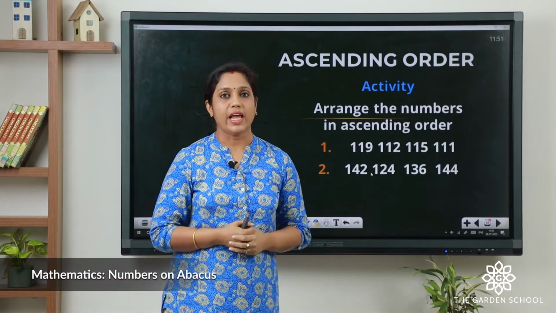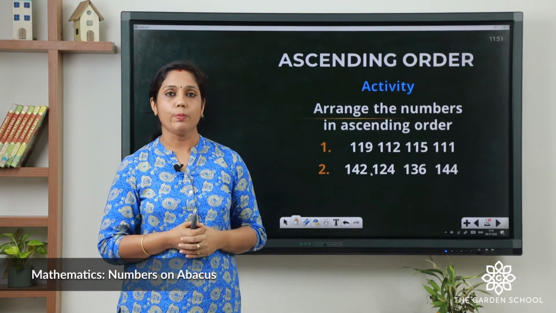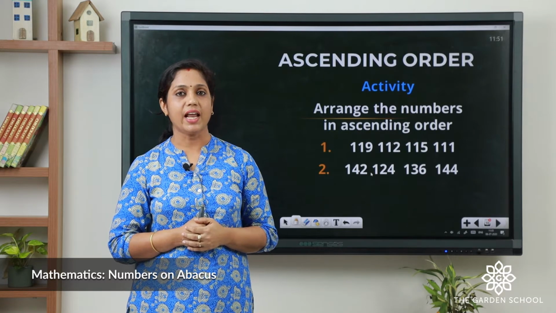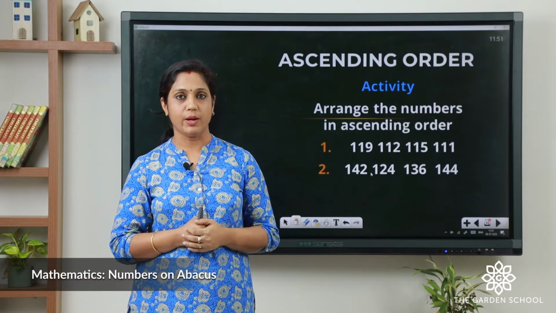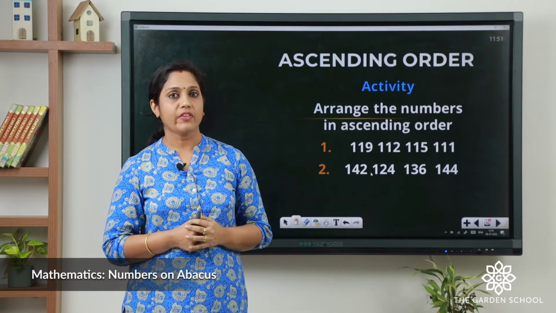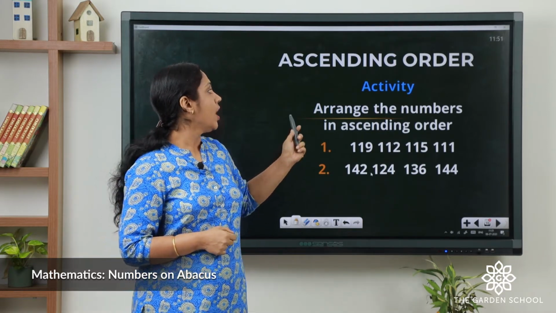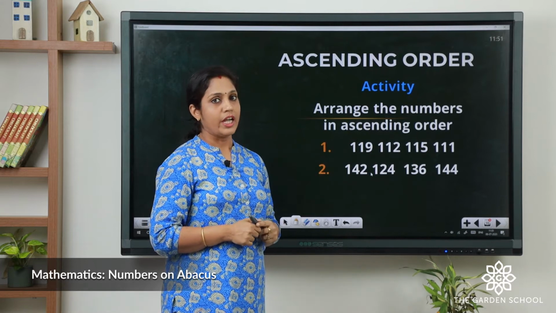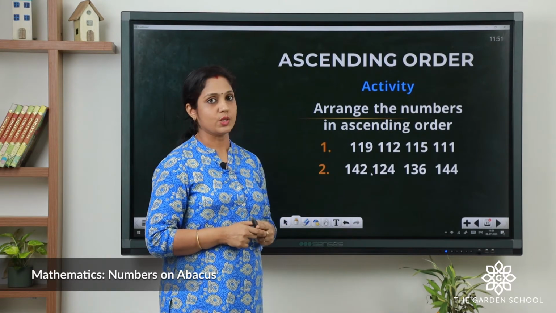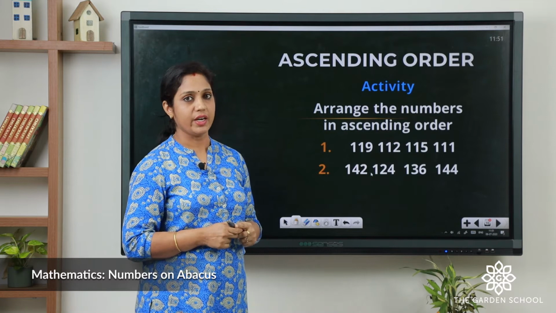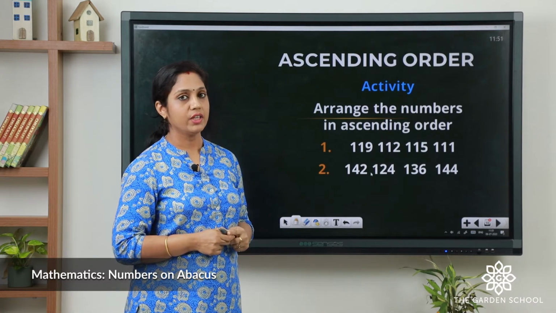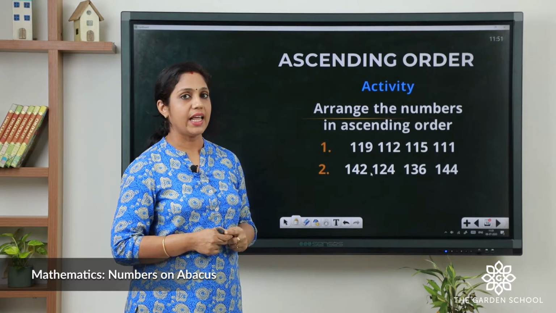So now we can do an activity. All of you open your notebook, write down today's date and the heading order of numbers. Now you can write down the question: arrange the numbers in ascending order. And you can write down the questions also. The first question is 119, 112, 115 and 111.